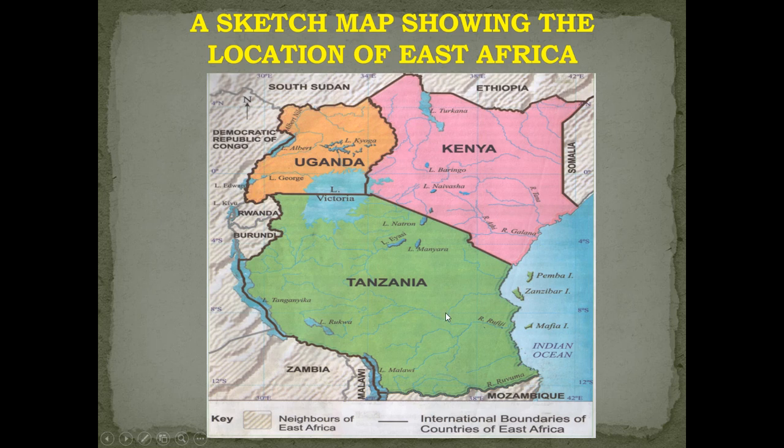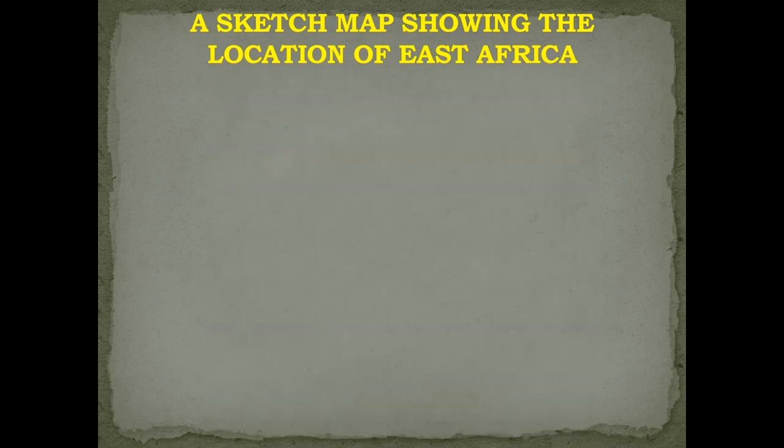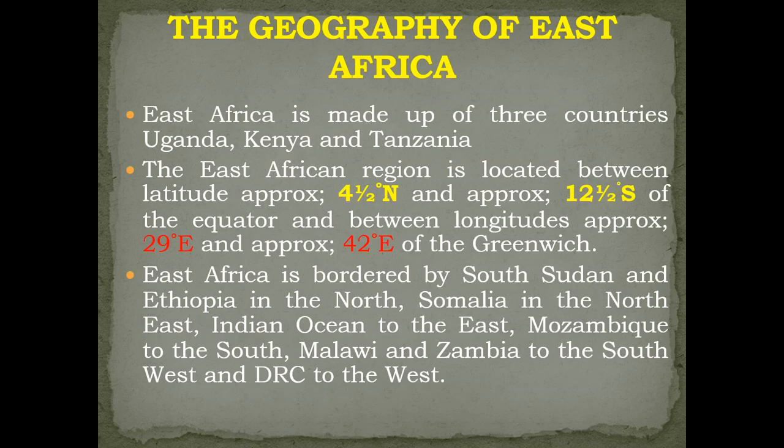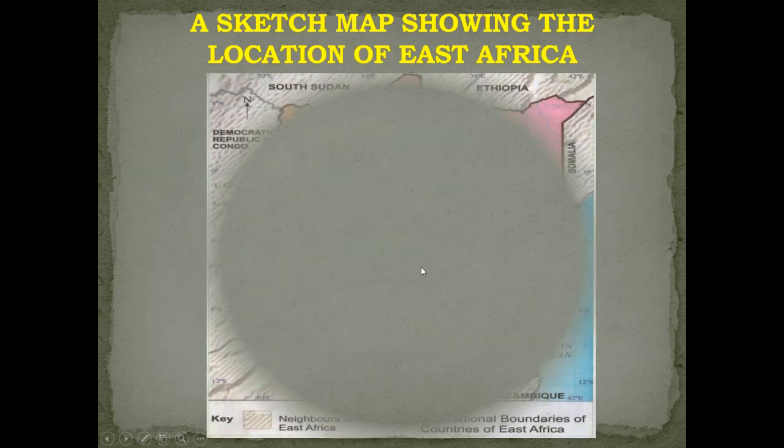So when you are told to locate East Africa, that is how we can locate it, either by using the longitudes and latitudes, or by using the countries and features which border the three East African countries.